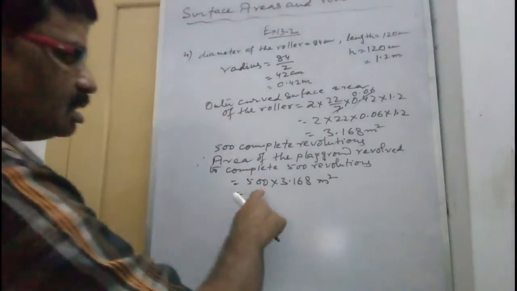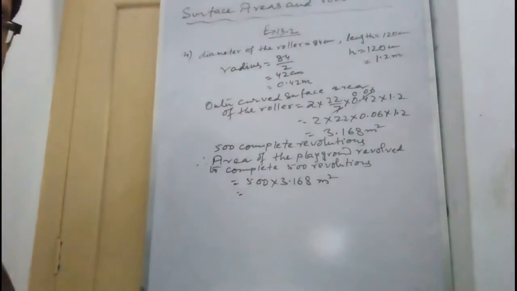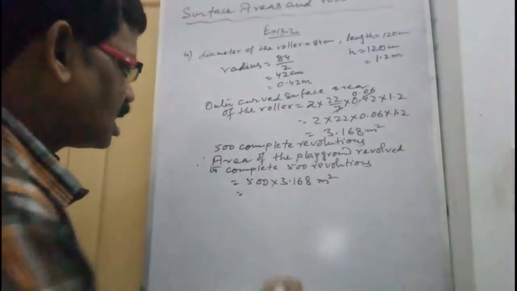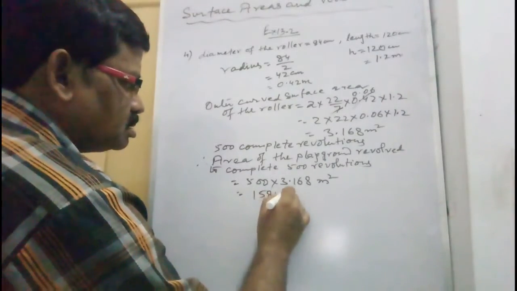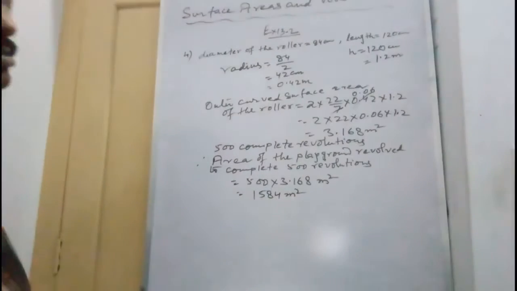Now multiply 500 with 3.168, which is equal to 1584 meter square.